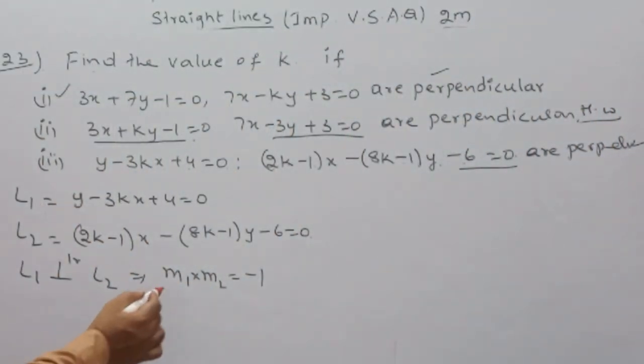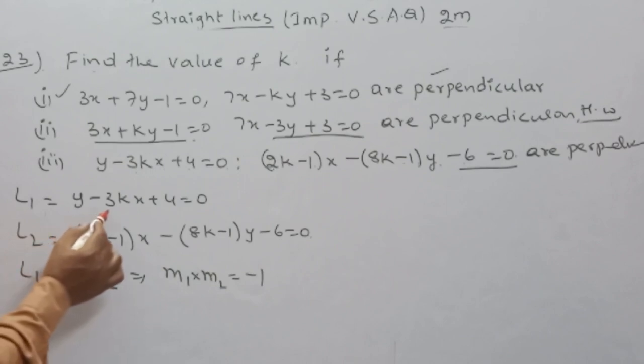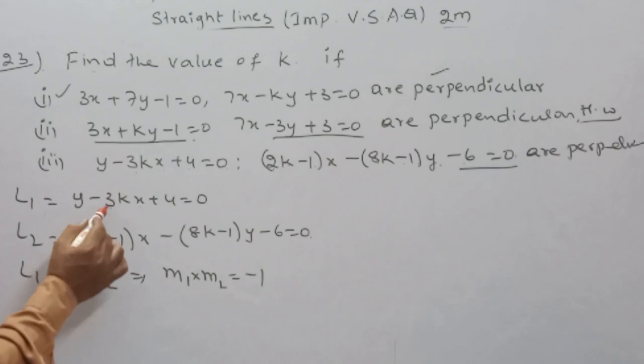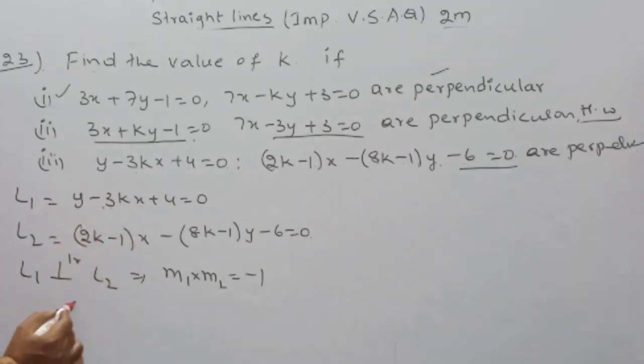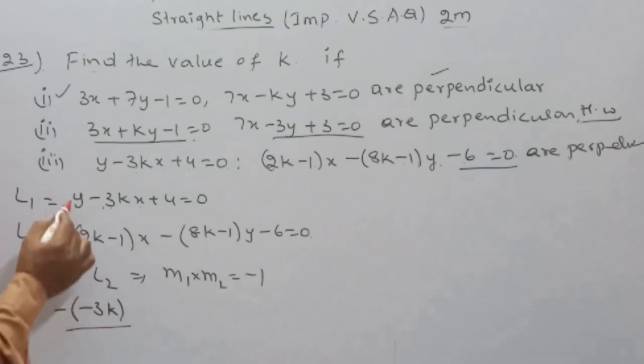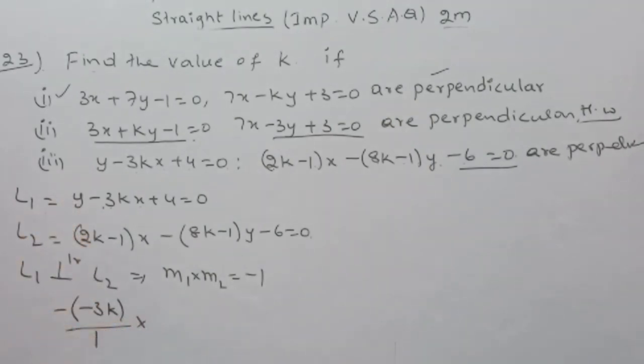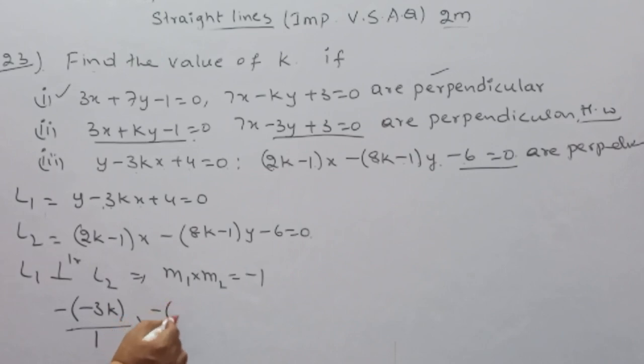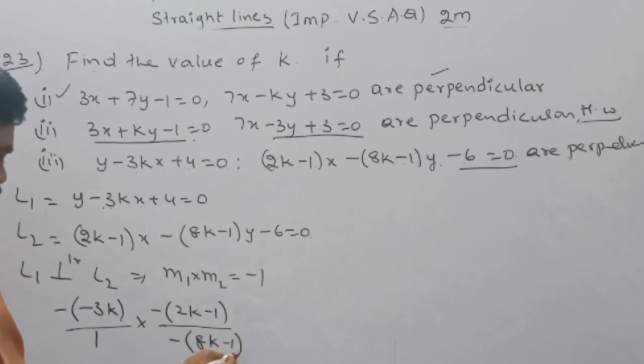So here m1, slope of L1, is minus x coefficient by y coefficient. What is minus x coefficient? Minus of x coefficient, minus 3k, by y coefficient 1, into m2. M2 is the slope of L2, that is minus of (2k minus 1) by y coefficient minus of (8k minus 1), equal to minus 1.